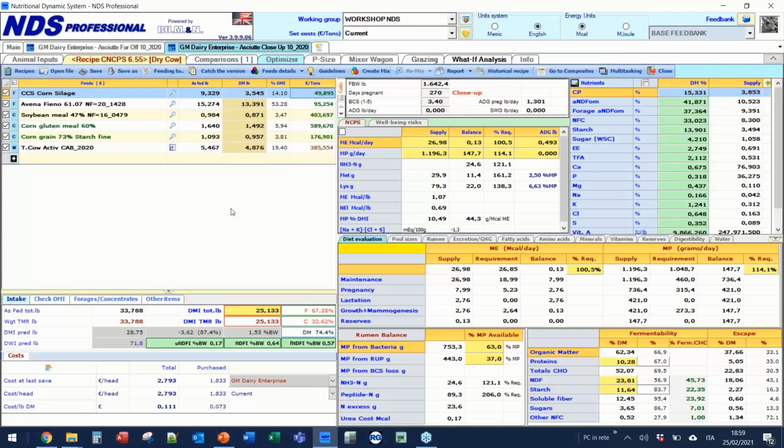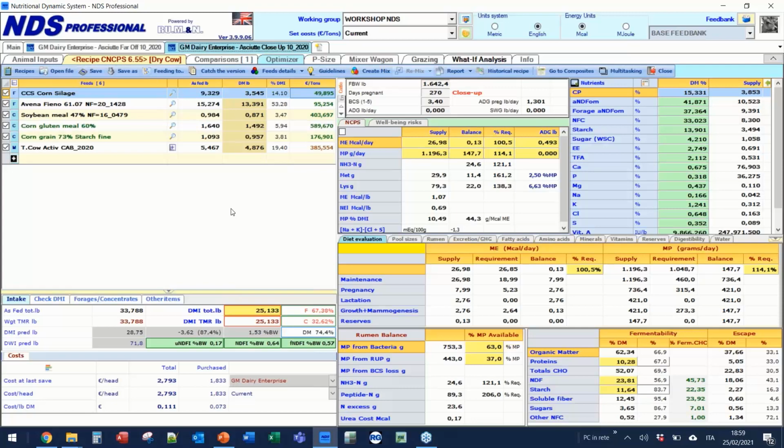So in this stage, it is critical to monitor the supply of metabolizable protein, even considering the variability of the intake within the close-up group.